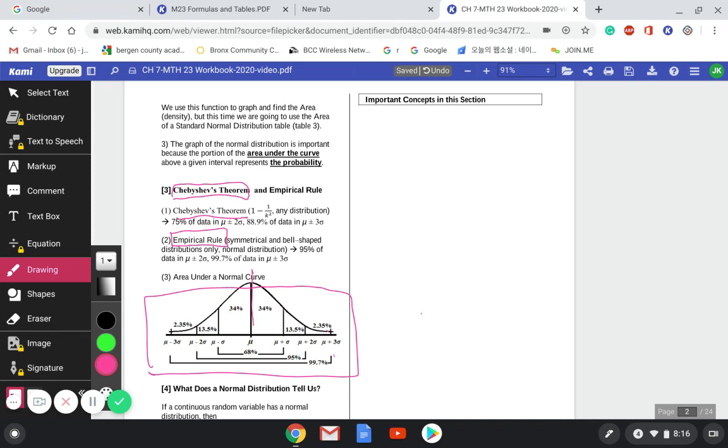So again, it's starting from the mu. 68% of data belongs to the first sigma, left and right, and 95% of data belongs to two sigmas from the center, two sigmas on each side of the mu, and even 99.7% is 3 sigmas from the mu on the right and 3 sigmas on the left side of the mu.